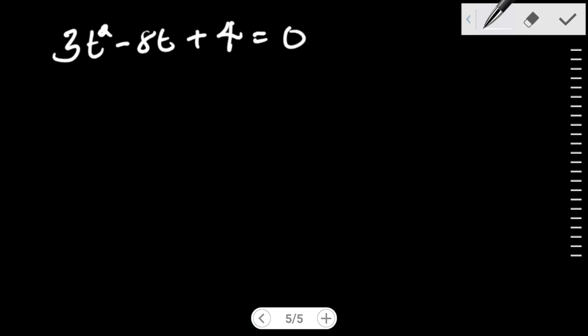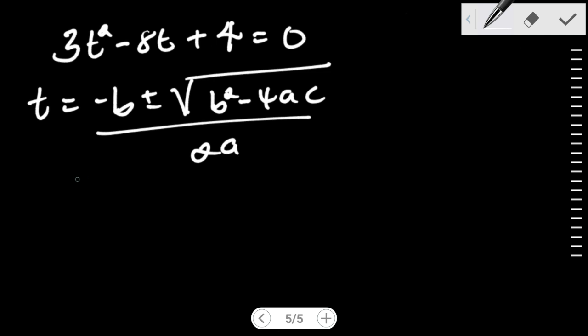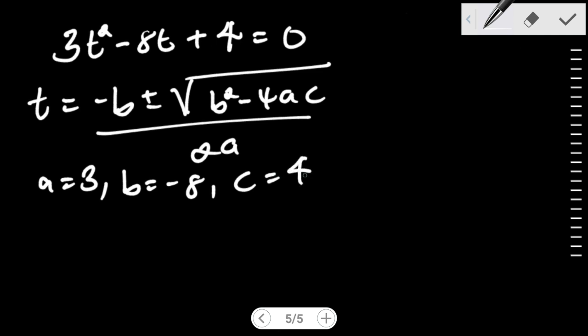So in this case, instead of x, we are going to use t. So t would be equal to negative b plus or minus root of b squared minus 4ac all over 2a. In this case, our a is equal to 3, b is equal to negative 8, and c would be equal to 4.